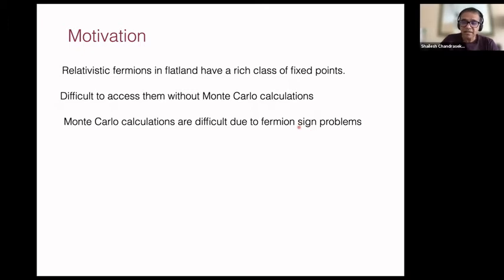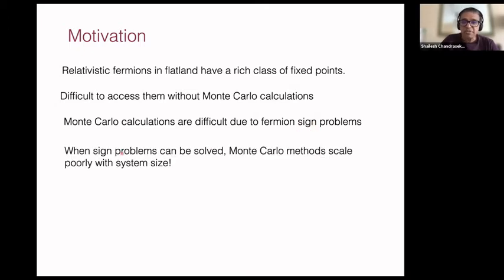On the other hand, even when the sign problems can be solved, Monte Carlo methods are not very nice, especially when there are fermions, because as you explore large system sizes, you encounter difficulties, and typical calculations only involve, I would say, a very small number of points.